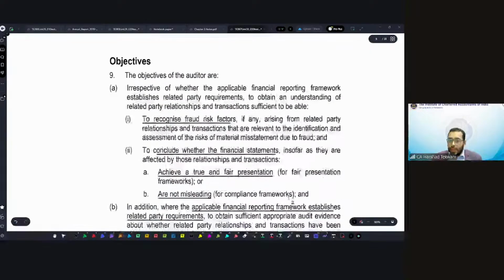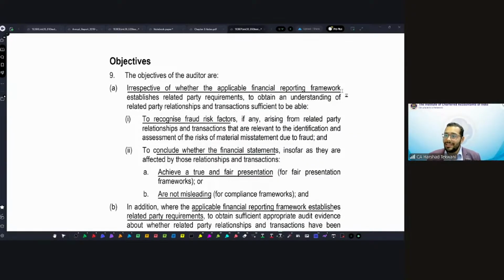Now, understand one thing: fraud risk factors, and arm's length for the achievement of true and fair and not misleading, are irrespective of the financial reporting framework. Disclosure is as per the financial reporting framework, fine, not an issue. But let's say the financial reporting framework is silent on the disclosure part, does that mean that we will not check for misleading financial statements? We will not check for the fraud risk factors?